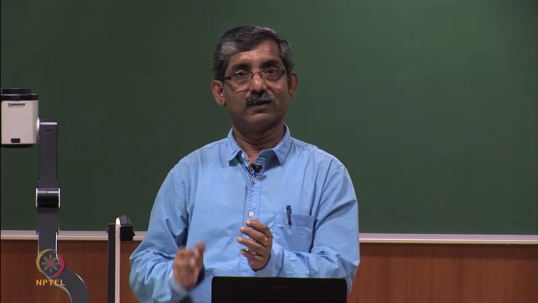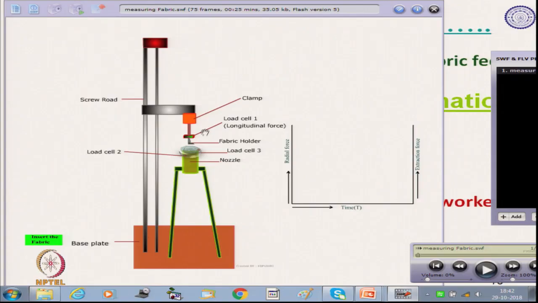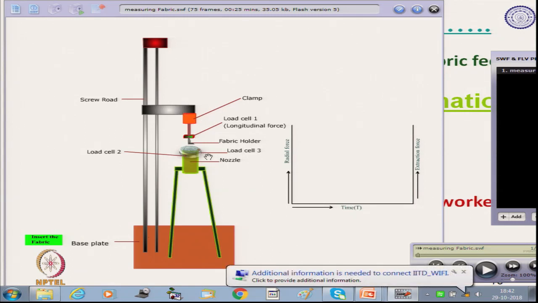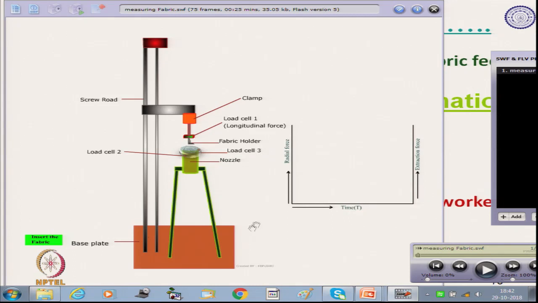The extraction force is measured by load cell 1, and the radial force is measured by the other two, load cell 2 and load cell 3, and the fabric is pulled through this nozzle.